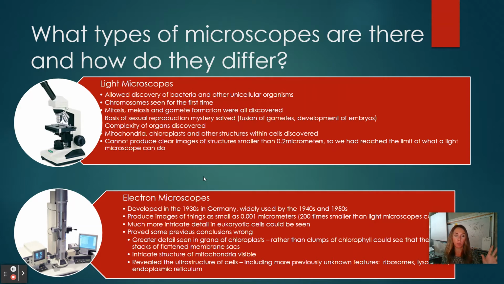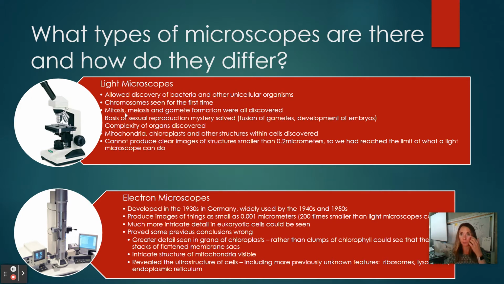But what the light microscope has added to our knowledge of cells is, first of all, you can see the DNA, right? In most of the cells that you looked at, that is one of the only things you could see, especially in the dividing cells. We were able to see the process of mitosis, so how cells divide and the stages there.